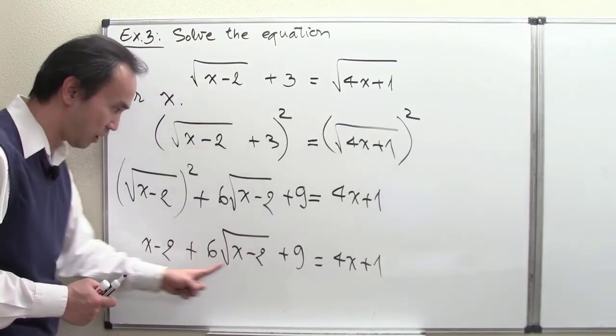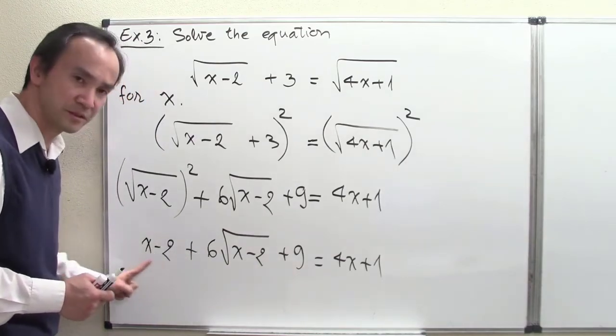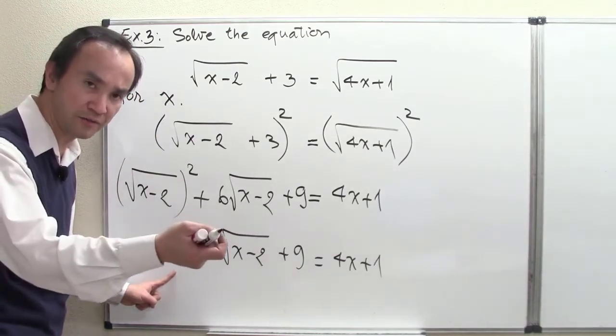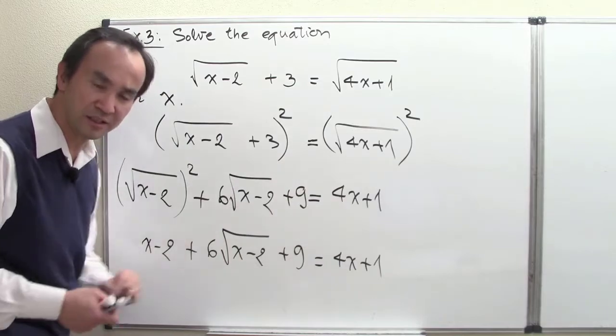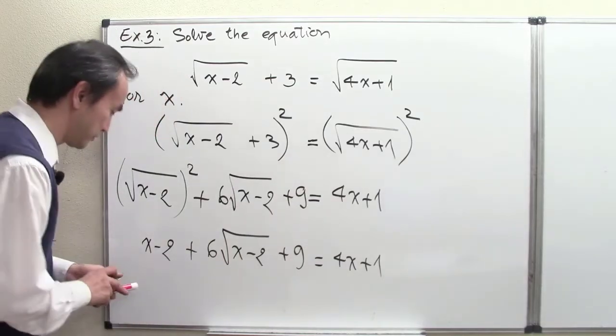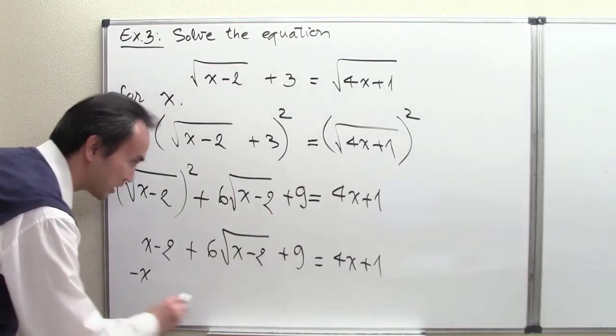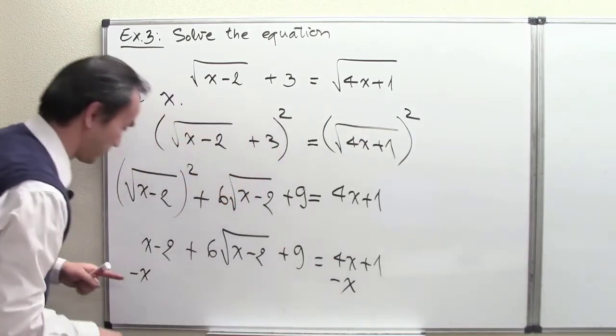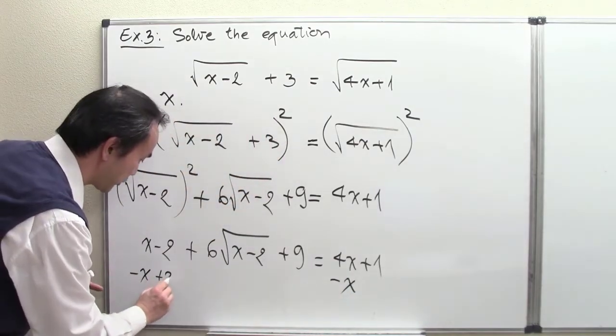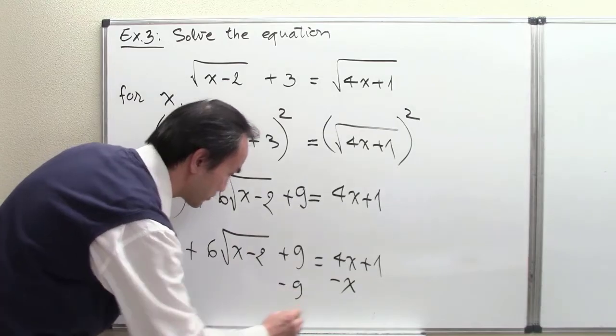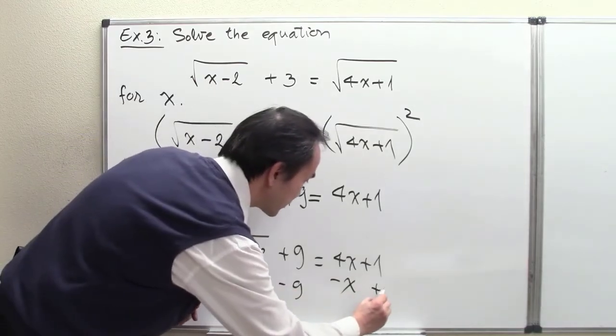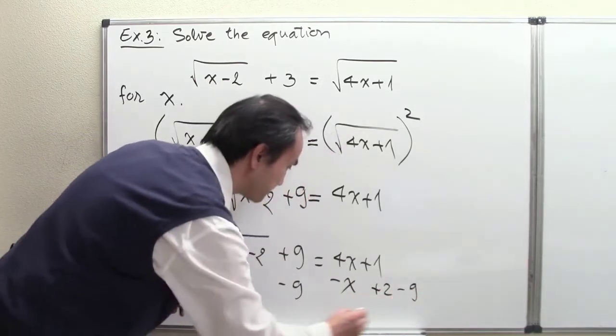These are all the non-square root terms, or all of the other terms. Let's bring them all to the opposite side. So now I'm going to subtract x from both sides. I'm going to add 2 and subtract 9 from both sides.